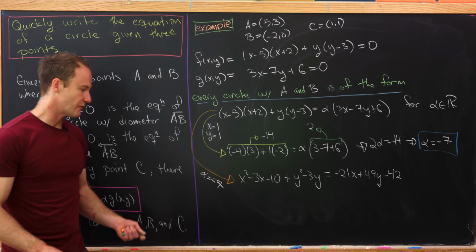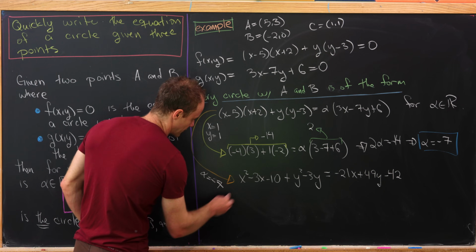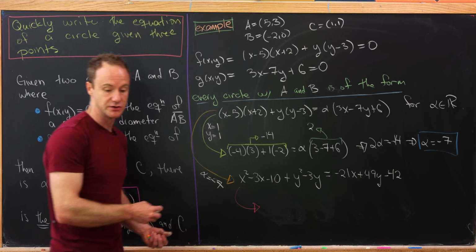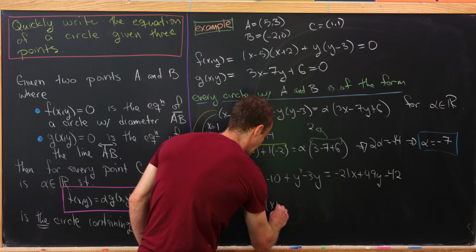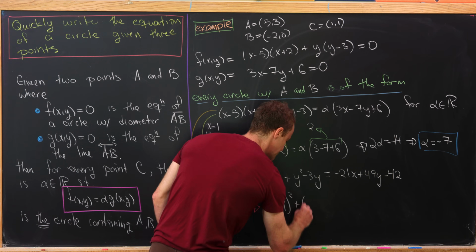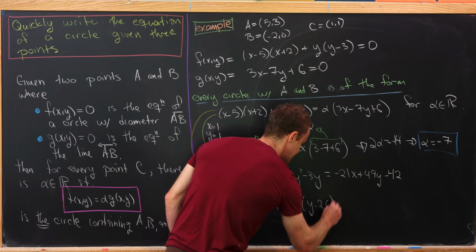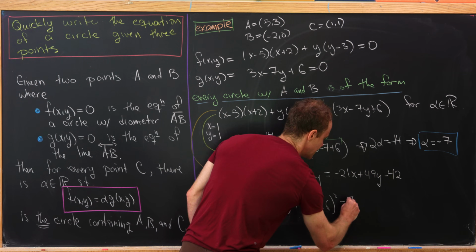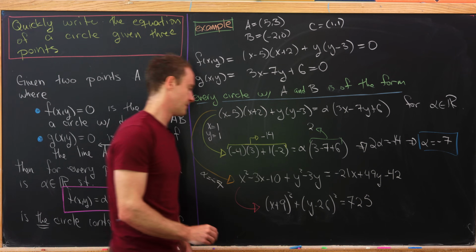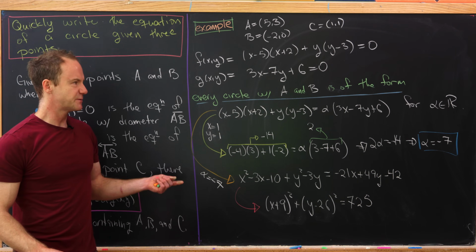But then we can rewrite that in the standard form for a circle, by completing the square and doing whatever we need to do, and we'll see that we get (x + 9) squared + (y - 26) squared = 725.